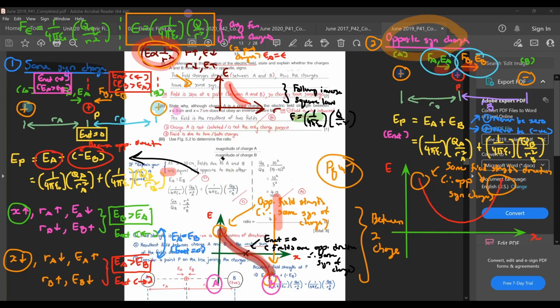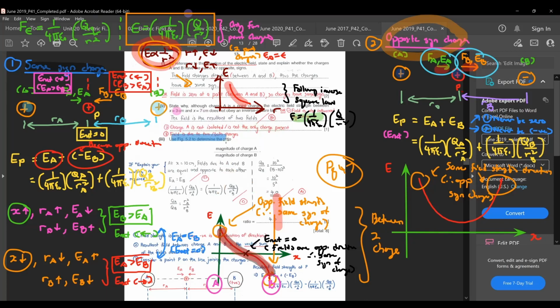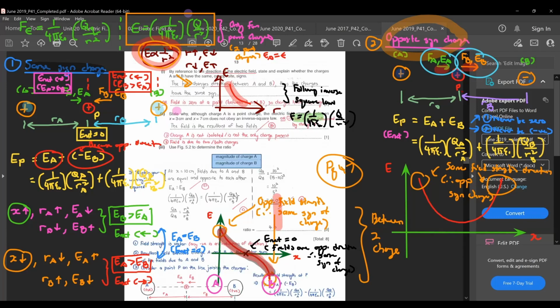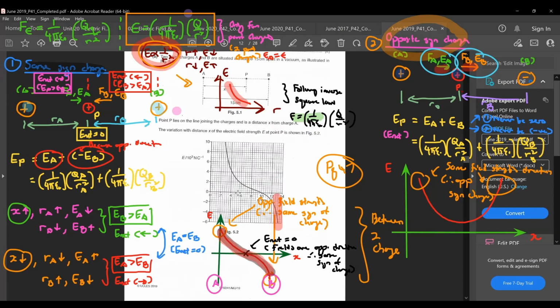Okay, last one. Use figure 5.2 to determine the ratio of magnitude of charge A to magnitude of charge B. Usually this kind of question repeats itself quite a fair bit, where you're supposed to find the ratio of the charges. When you want to find the ratio of the charges from a certain graph, the easiest point to pick is usually the point where your E net is 0.